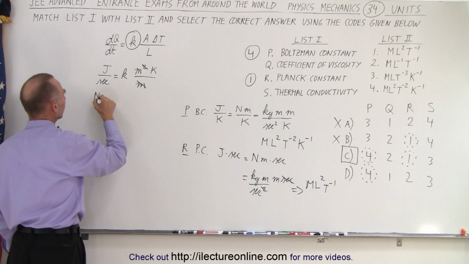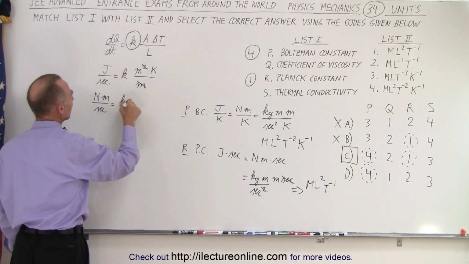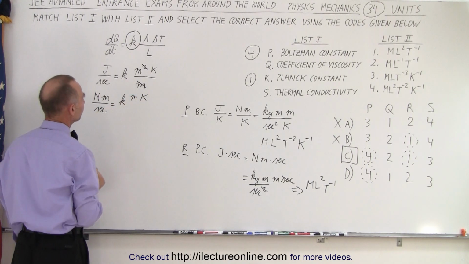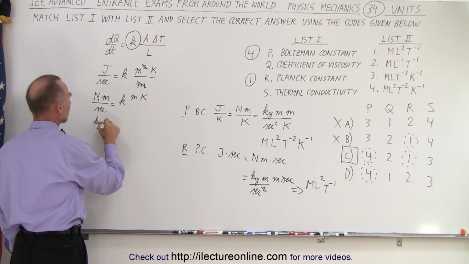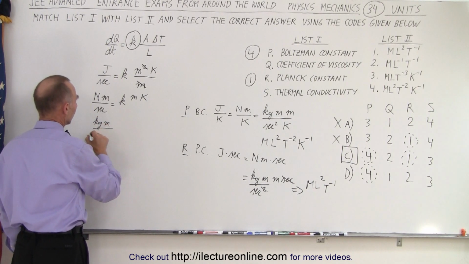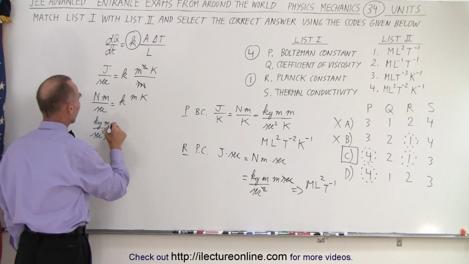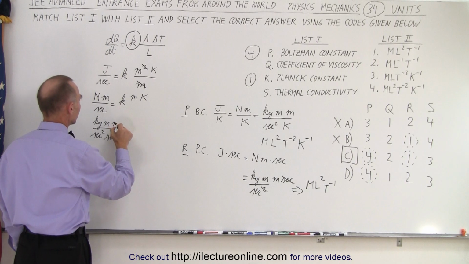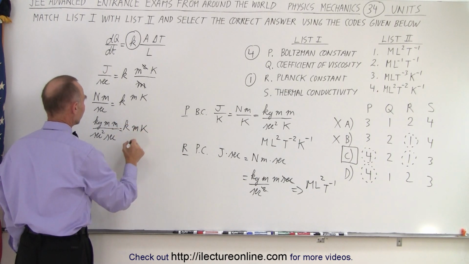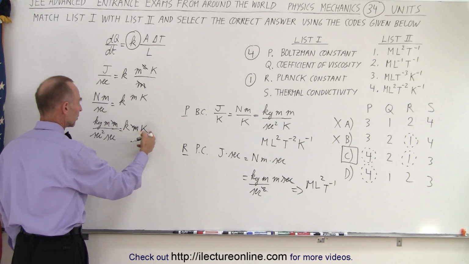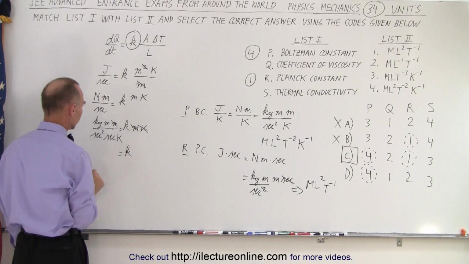So right away this cancels out with that. Joules is Newton meters, divided by seconds, equals K times meters times Kelvin. And then a Newton is kilograms meters per second squared. And then, of course, we have times seconds, and we have another meters there. This meter cancels out this meter. Kelvin goes to the denominator. So now we have K is equal to mass.